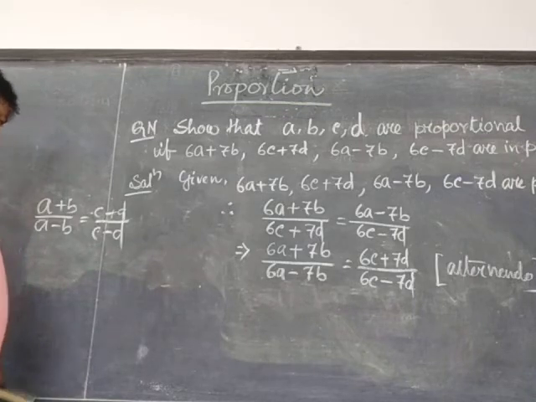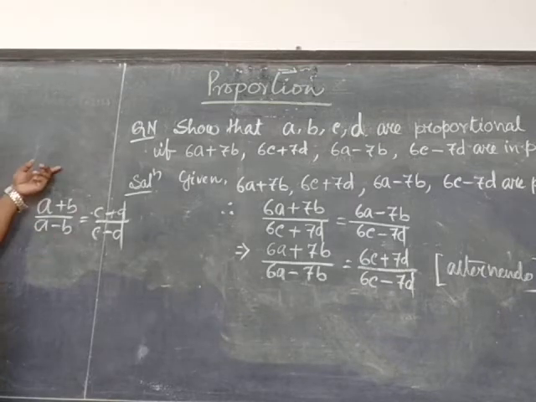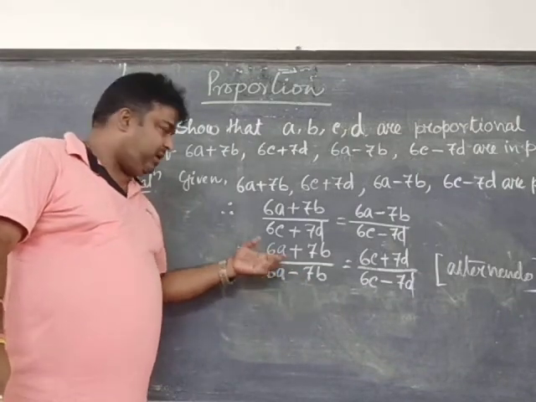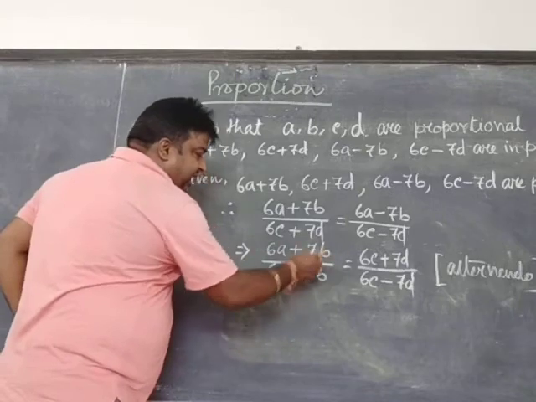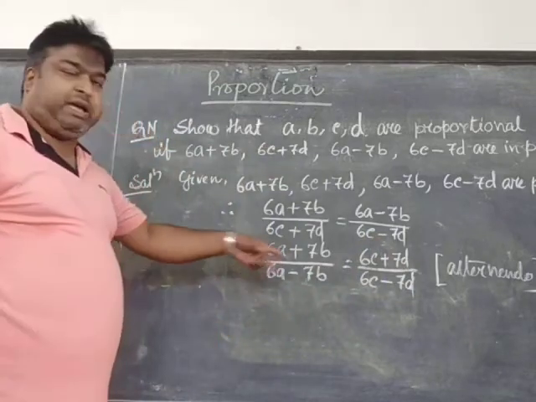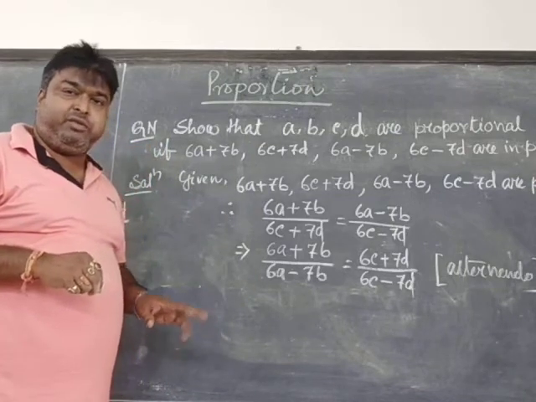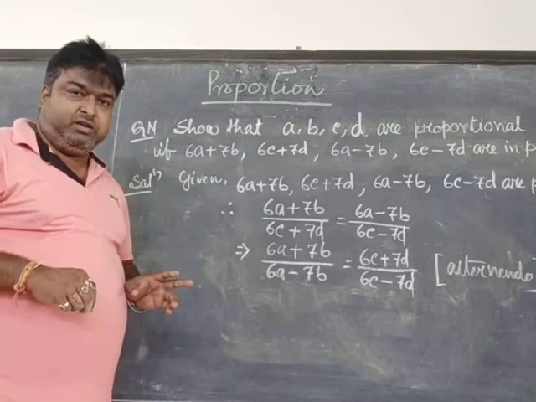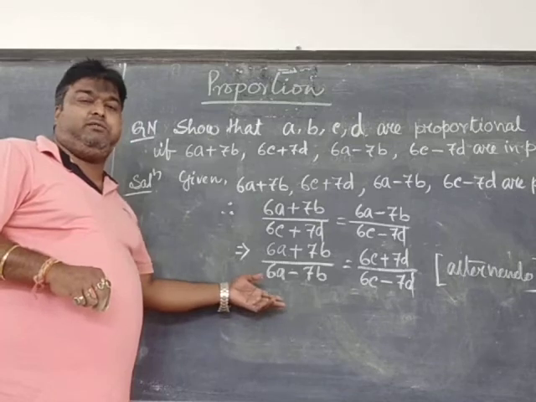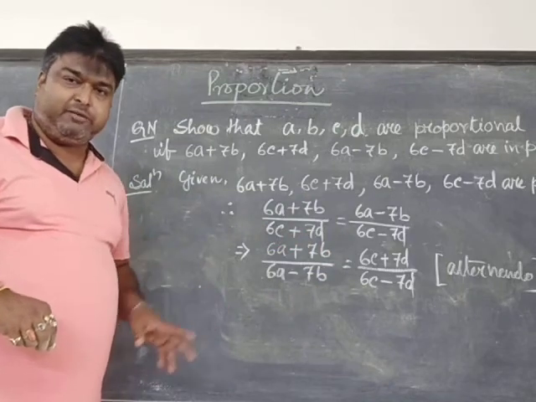So this we can write when we have A by B equal to C by D. But we are not going to write it directly. What we do is consider this one as A and this one as B, this whole thing as C and this one as D. So we will apply the componendo dividendo property here, because there is no such property as converse of componendo dividendo. Many students tend to write A by B equal to C by D and say it is the converse of componendo dividendo. Don't write that. Got it?